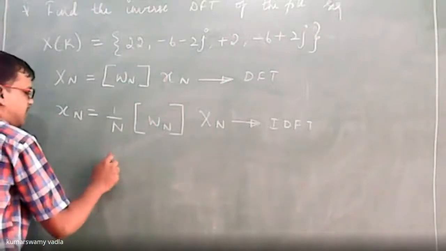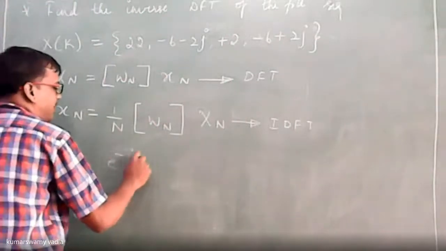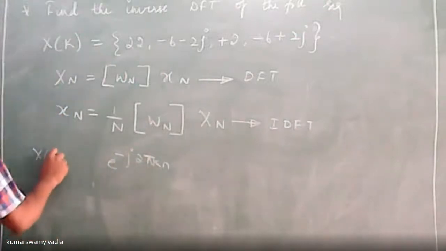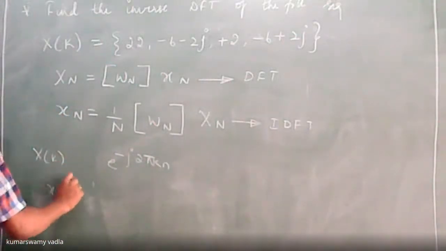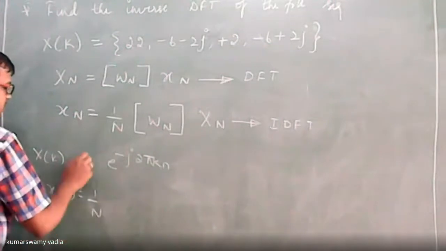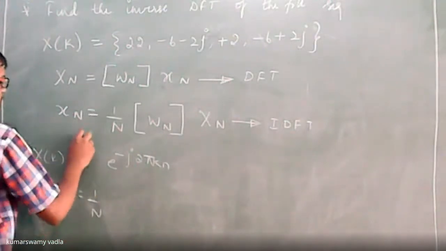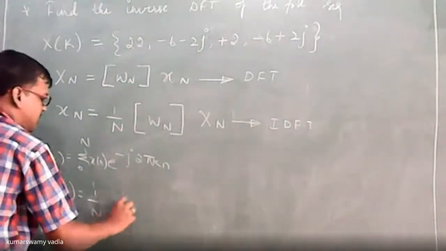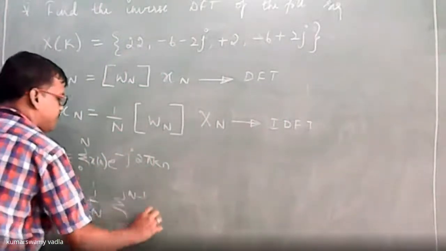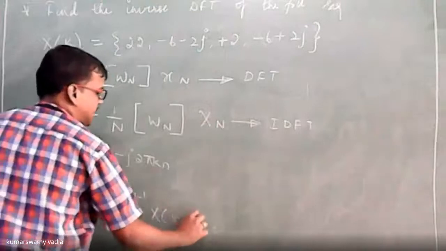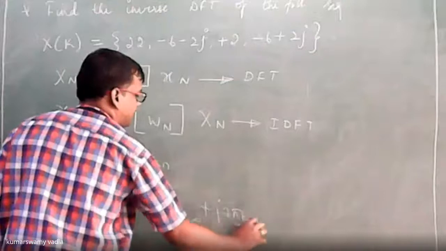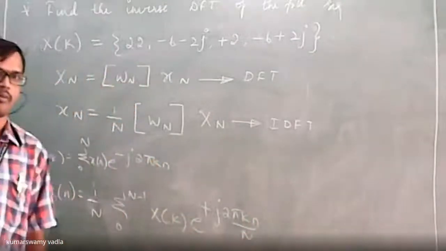But one more important thing, please. In the definition, e power minus j 2 pi kn by N you utilized for X of k, and for x of n you utilized 1 by N, summation 0 to N minus 1 of capital X of k e power plus j 2 pi kn divided by N. This was the definition.